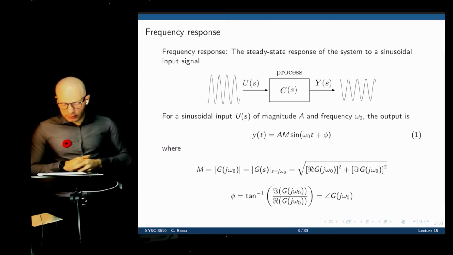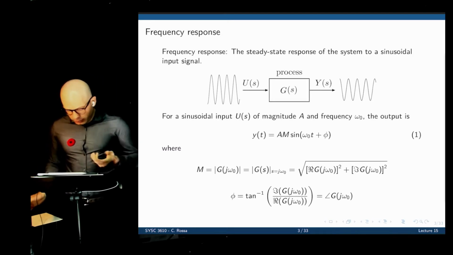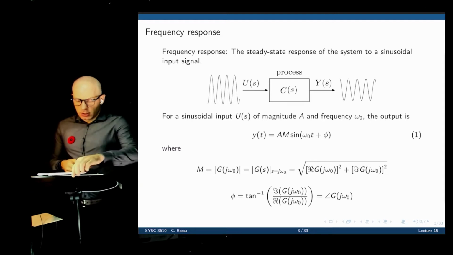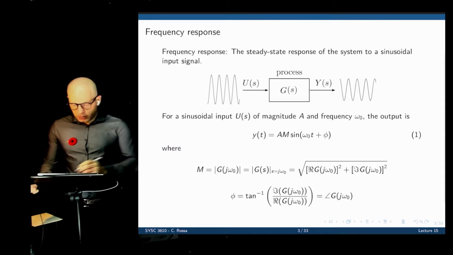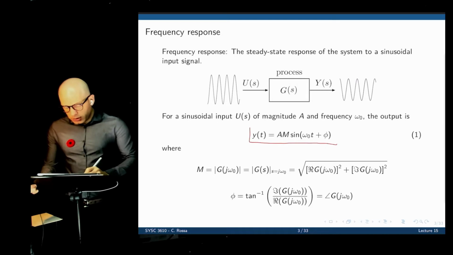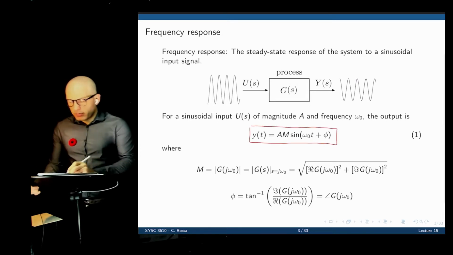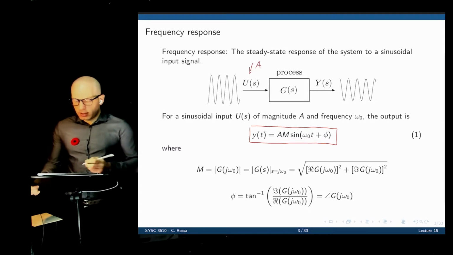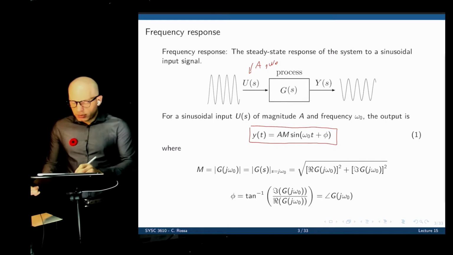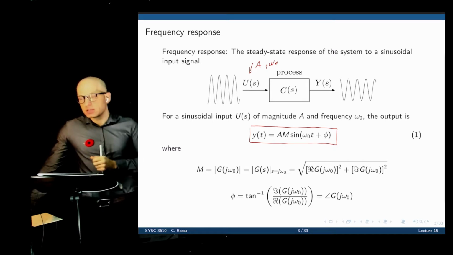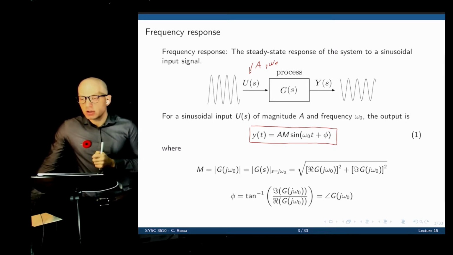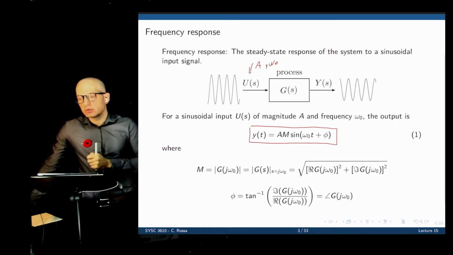So if you apply a sinusoidal input to the system, the output will also be a sinusoid, and here is the expression for the output. We have A as the magnitude of the input at a given frequency omega 0, and the magnitude of the output will be A times M, where M is a scaling factor, which is nothing else than the magnitude of the transfer function at that specific frequency.